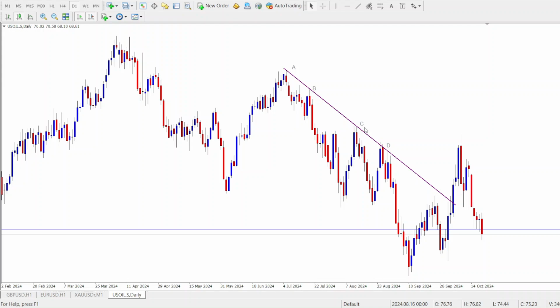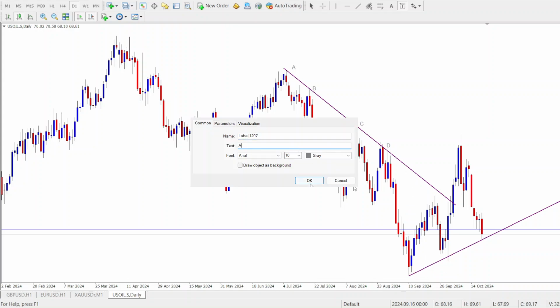The uptrend line is connecting two or more low points. It slopes upwards, indicating that the price is generally increasing, just like what we have here. The uptrend line connects low points.